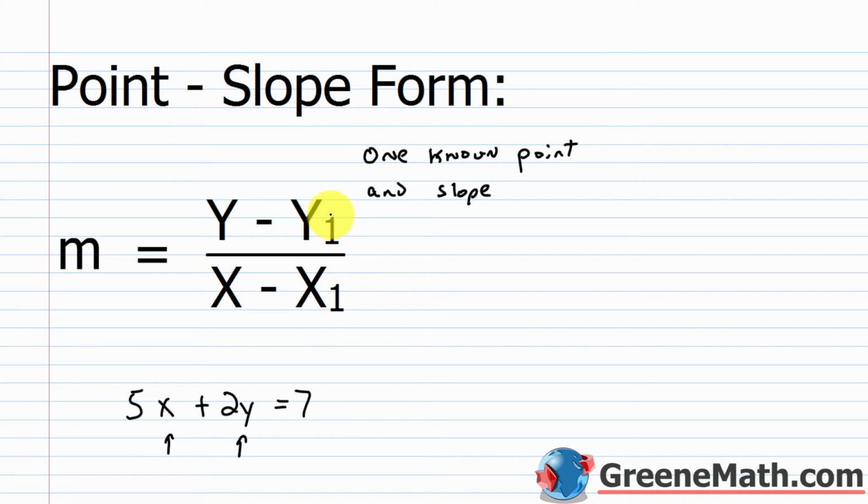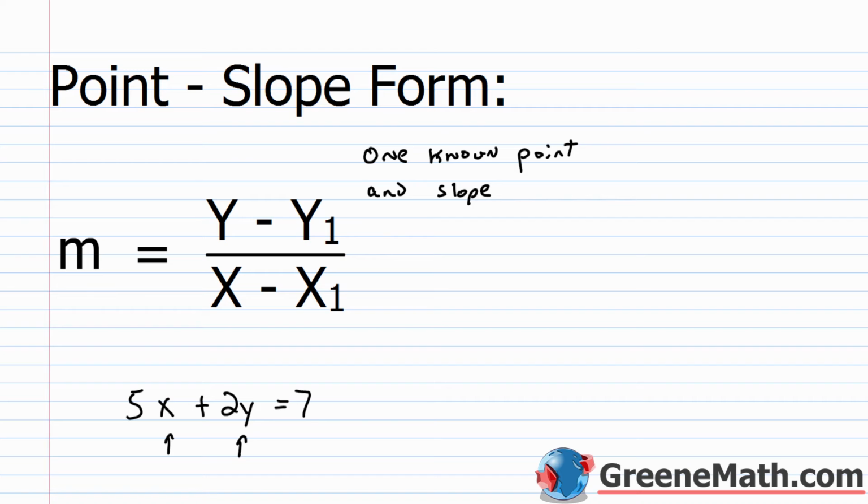This x sub 1 and this y sub 1, that's what you're plugging in for with your values from the known point. Okay, so you're using point-slope form when you have one known point and the slope. And you're going to see some examples where it's not exactly like this, but in most cases, you have a known point and you know the slope.